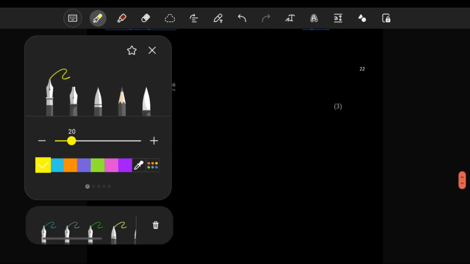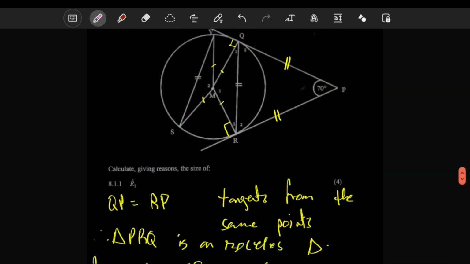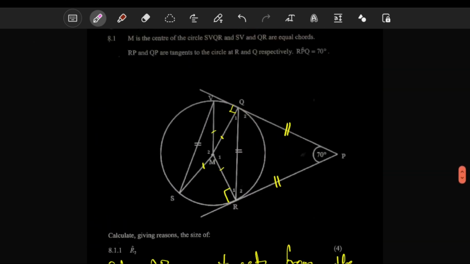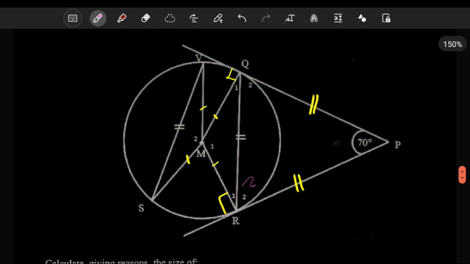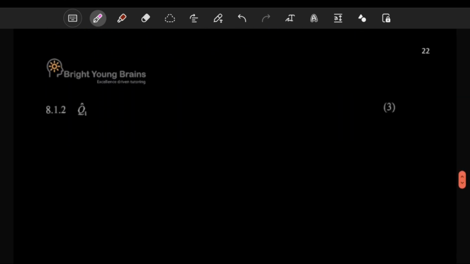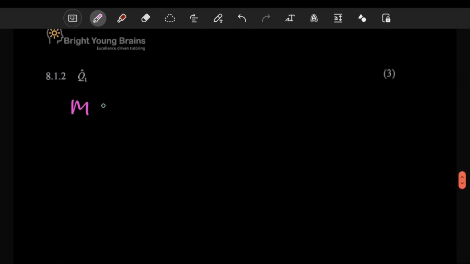Q1 is the next thing that they want us to get here. Normally, what I can safely say is, if you get angles, put them on your sketch. They'll come in handy. Q1 is so simple. We just have to state that angle MQP is 90. So MQP is equal to 90 degrees. Our reason will be the radius is perpendicular to the tangent.